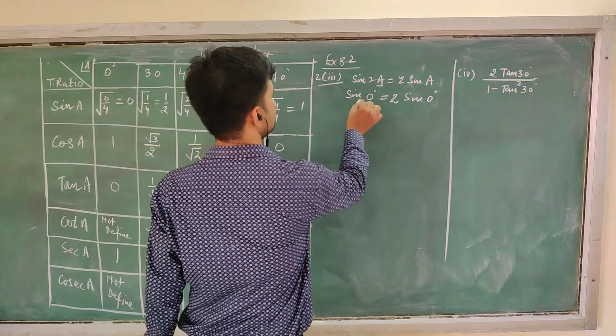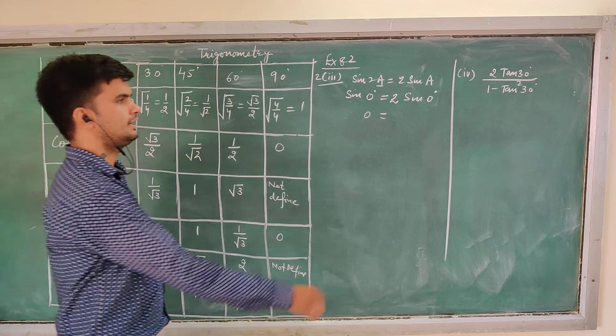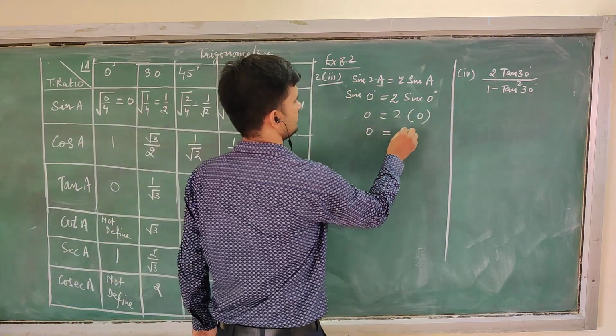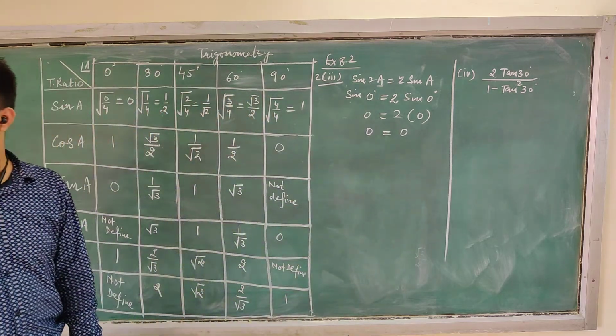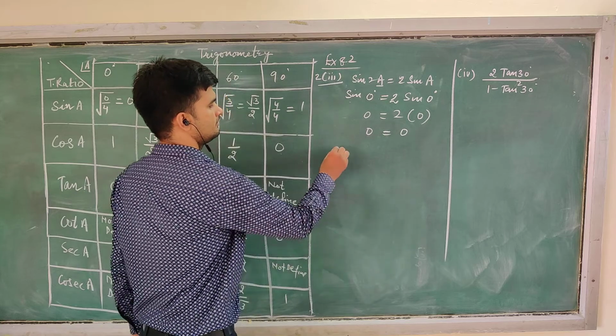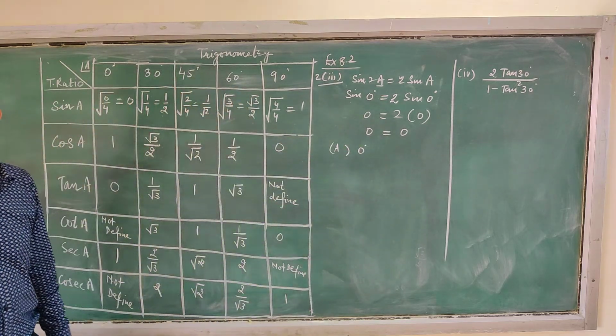See, sin 0 is equal to 0 and 2 into sin 0 is equal to 0. So 0 is equal to 0. This a equal to 0 degree is satisfying both sides. So option A, 0 degree, is your answer.